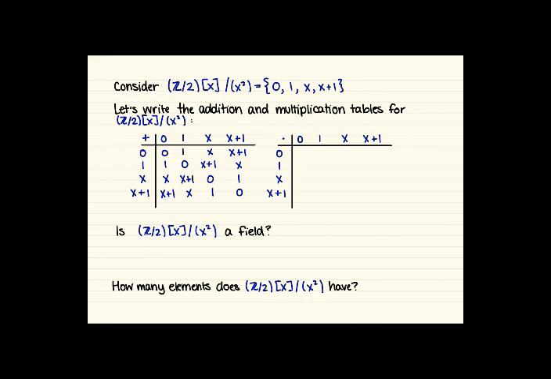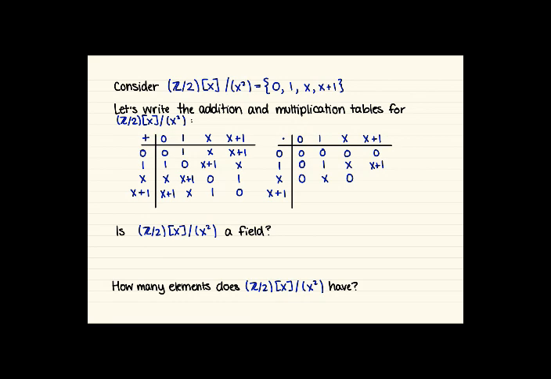Then for the multiplication table, 0 times anything is going to be 0, so we can fill those in. Then 1 times 0 is 0, 1 times 1 is 1, 1 times x is x, 1 times x plus 1 is x plus 1, x times 0 is 0, x times 1 is x, x times x is x squared, which is congruent to 0, so we get 0 there.